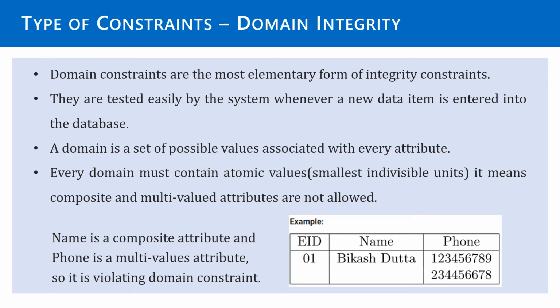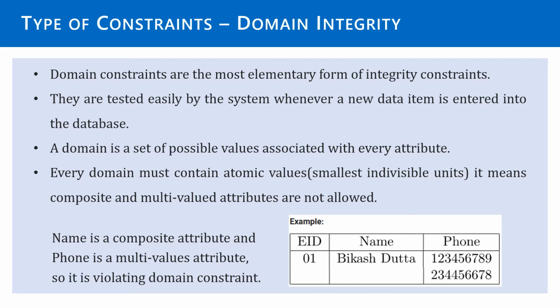These domain integrity constraints are the most elementary form of integrity constraints and they can be tested easily by the system whenever a new data item is entered into the database. As we know, a domain is a set of possible values associated with every attribute, and this domain must contain atomic values.